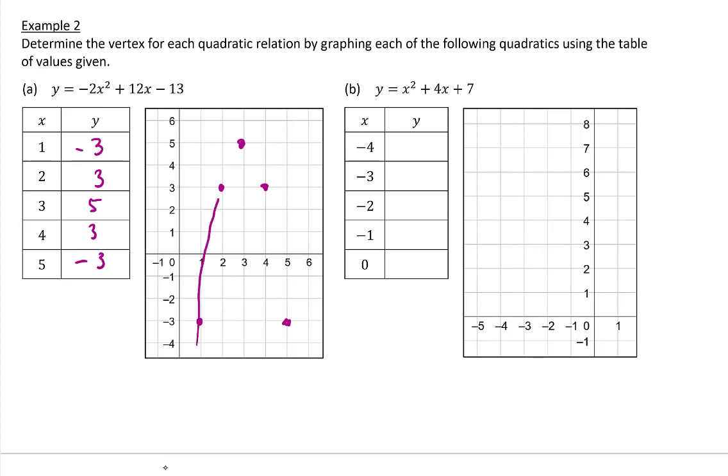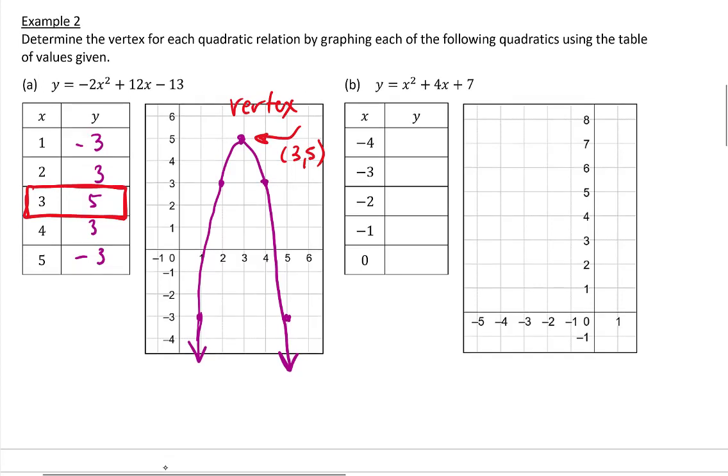Notice this is a parabola. It has a maximum value, and it clearly has a vertex. We see our vertex right here, and we note from the table of values or from the graph that the vertex is (3, 5). So why is this not factorable? Well, if you look at the graph, it does cross the x-axis, so it does have two zeros, but these zeros are what we call irrational roots.